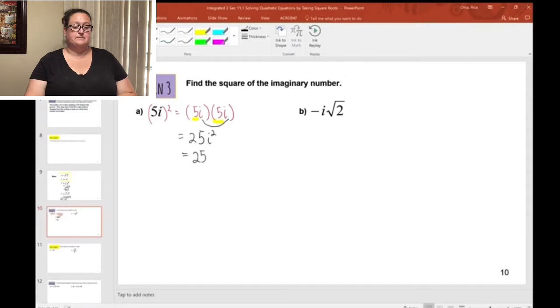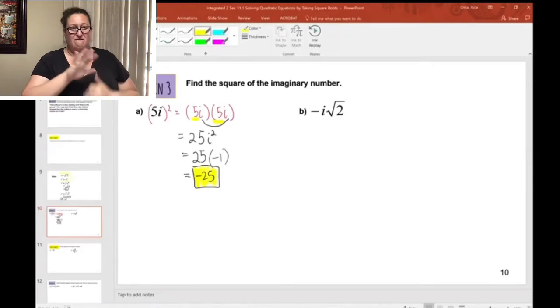Based off of the rule that we learned earlier, i squared is equivalent to -1. 25 times -1 is -25. Which means that 5i squared is equal to -25.